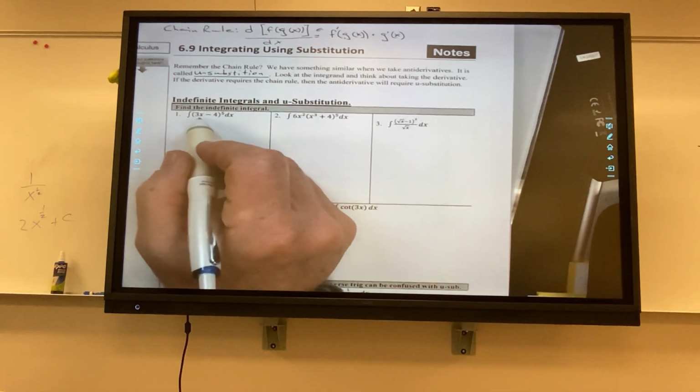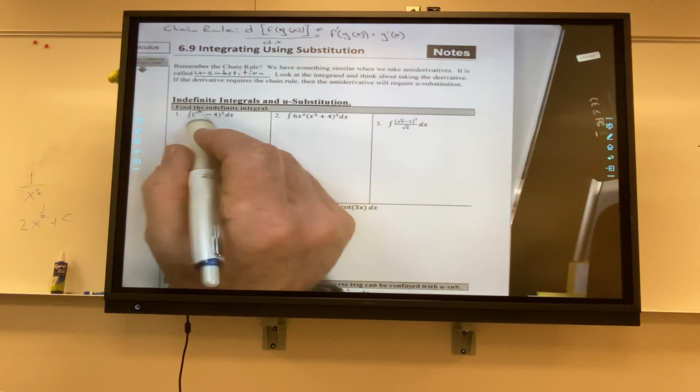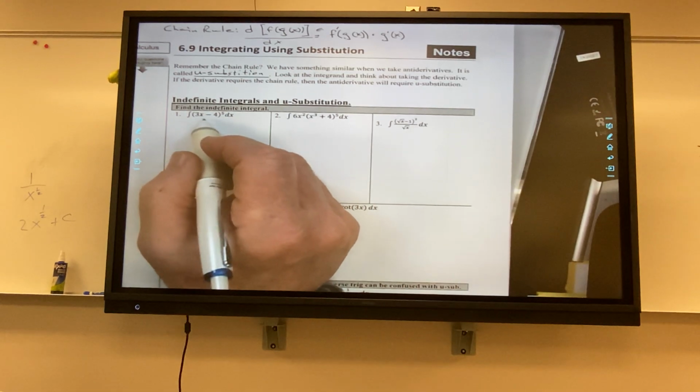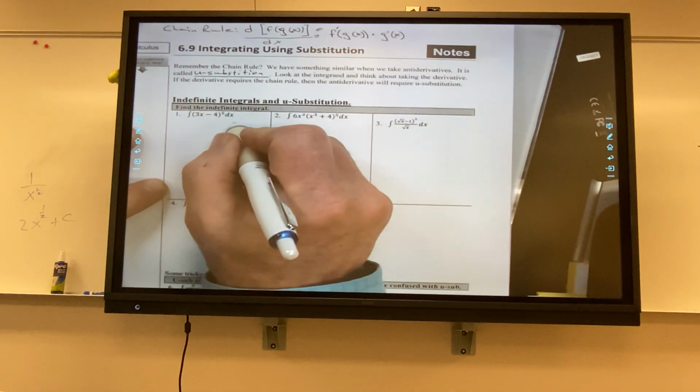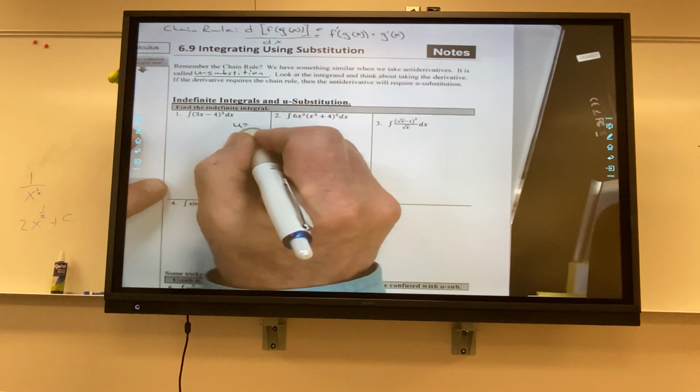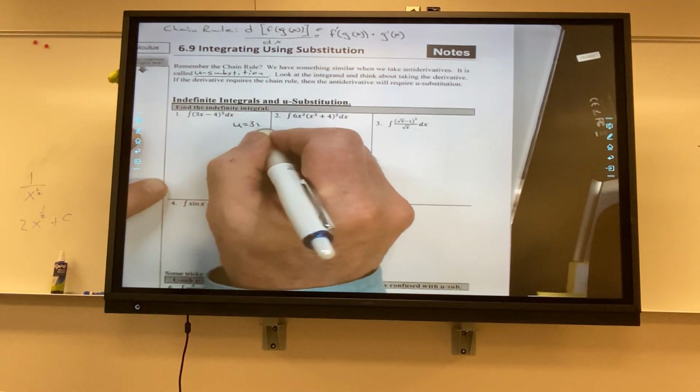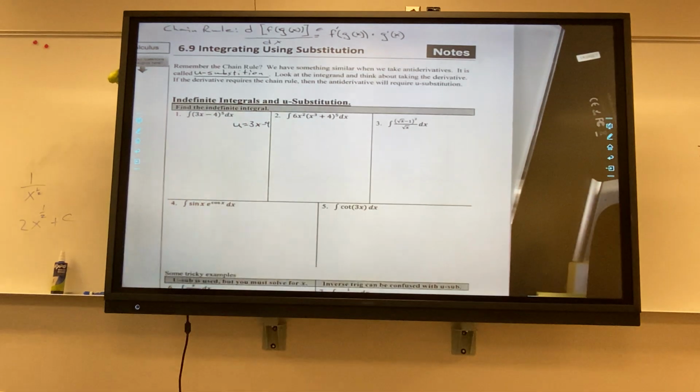And if you take a look, I have this inside a set of parentheses. So I'm going to say that U is equal to 3x minus 4. What's inside those parentheses? I'm going to get rid of 3x minus 4, and I'm going to replace it with U.